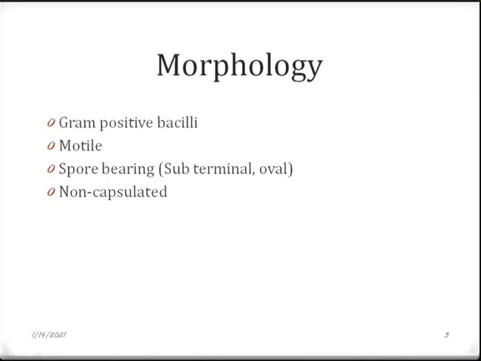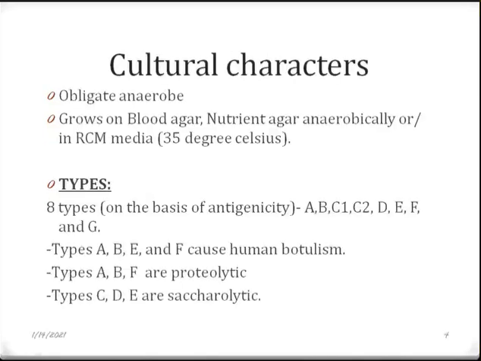This bacterium is an obligate anaerobe. It strictly requires the absence of oxygen for its growth. It grows on blood agar and nutrient agar anaerobically, or in anaerobic culture media such as RCM, Robertson's cooked meat media.